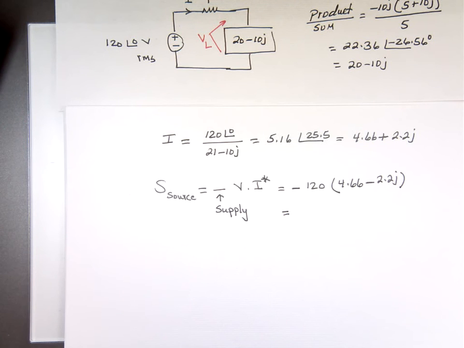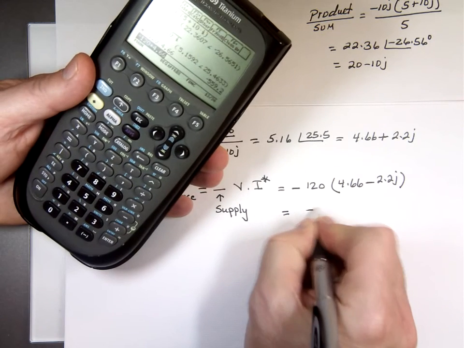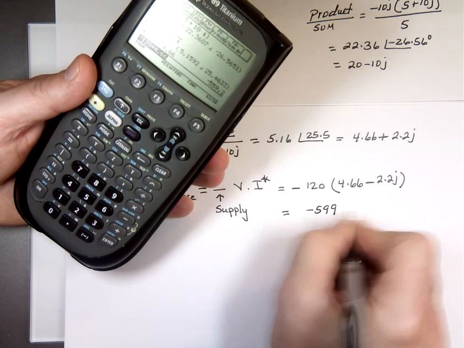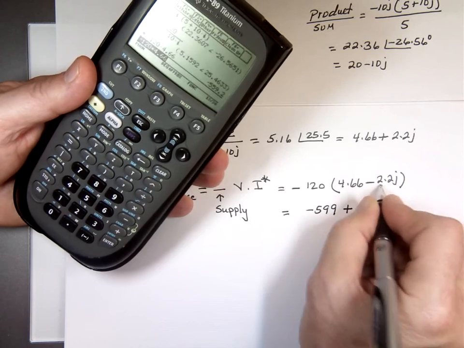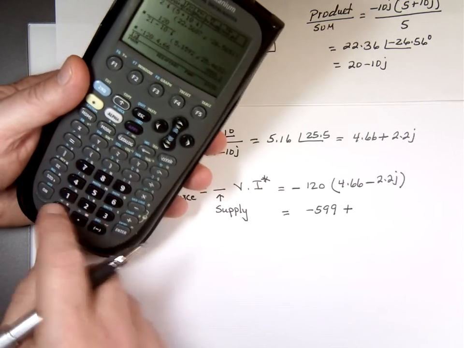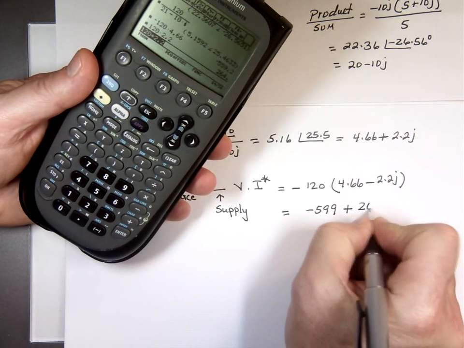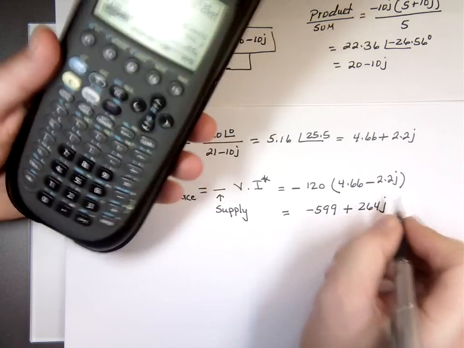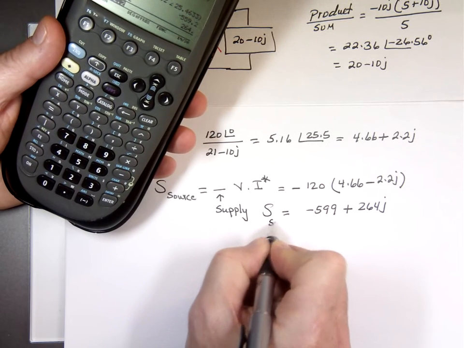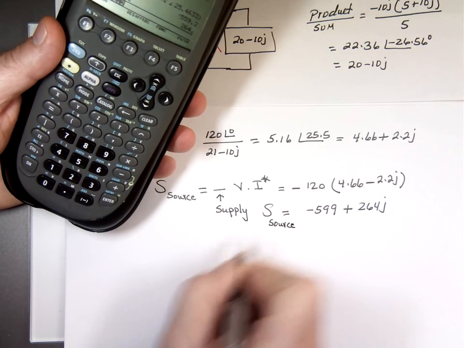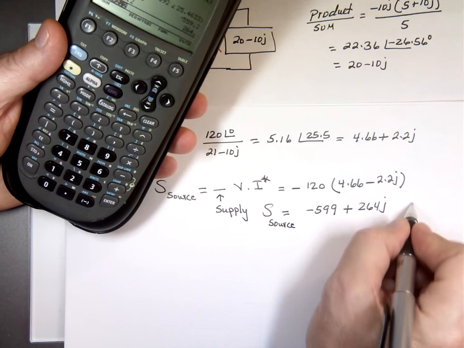Negative 120 times 4.66 looks like negative 599, right? That would be a plus. Negative times a negative, that's a plus. 120 times 2.2, 264J. And what are the units for complex power? VA.